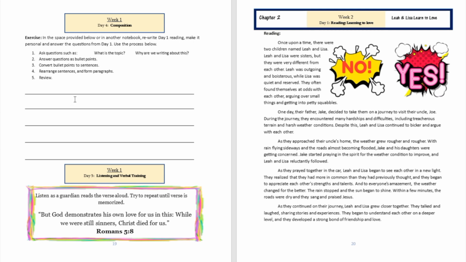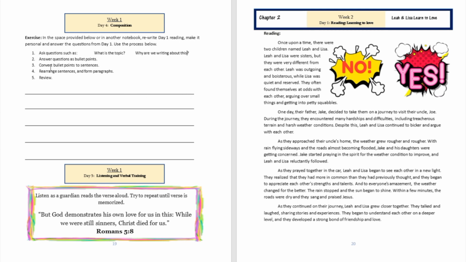Writing about patience. Why am I writing about this? So we can see the story of how a child was not patient, how his daddy talked to him to be patient, and then ultimately became patient. You write all that down as discussion points, as bullet points. Point number 1, point number 2, point number 3, you list them down like that.